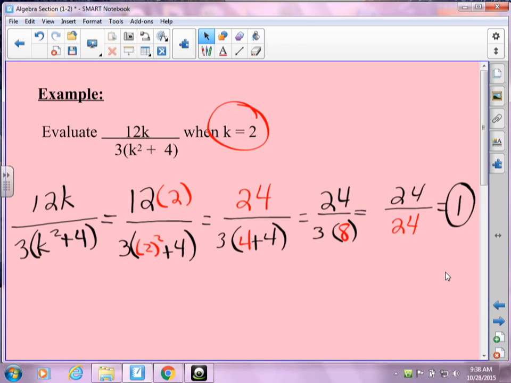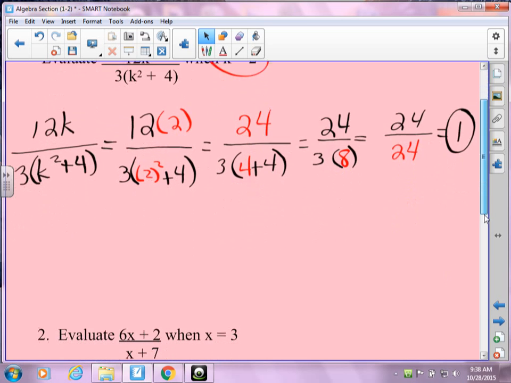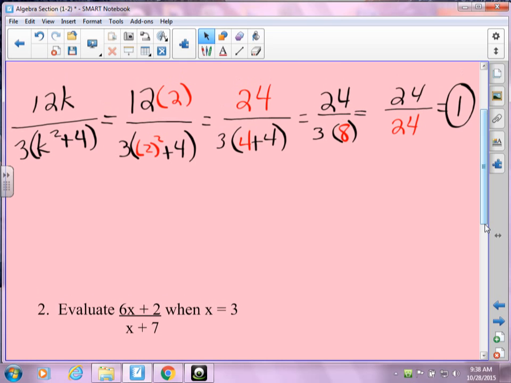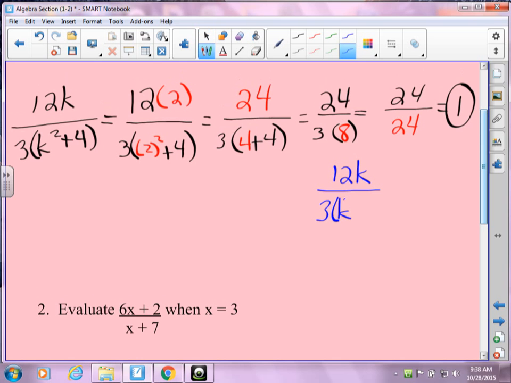All right, now one of the reasons why I don't have you work up and down is this. If I work this thing up and down, watch what happens. See it?